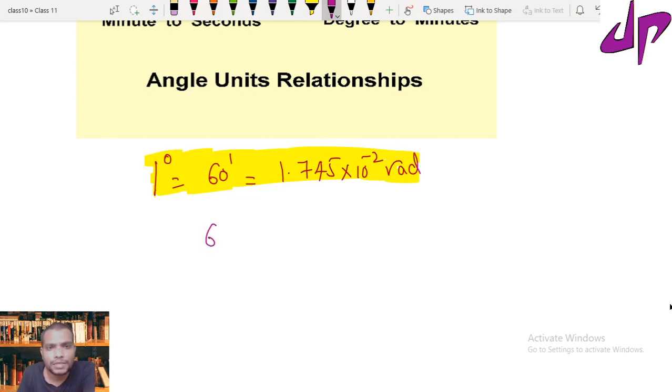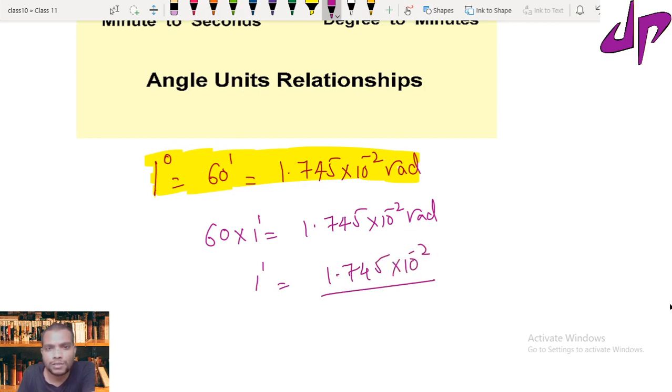So 60 times 1 minute equals 1.745 times 10 power minus 2 radians. So 1 minute equals 1.745 times 10 power minus 2 upon 60.